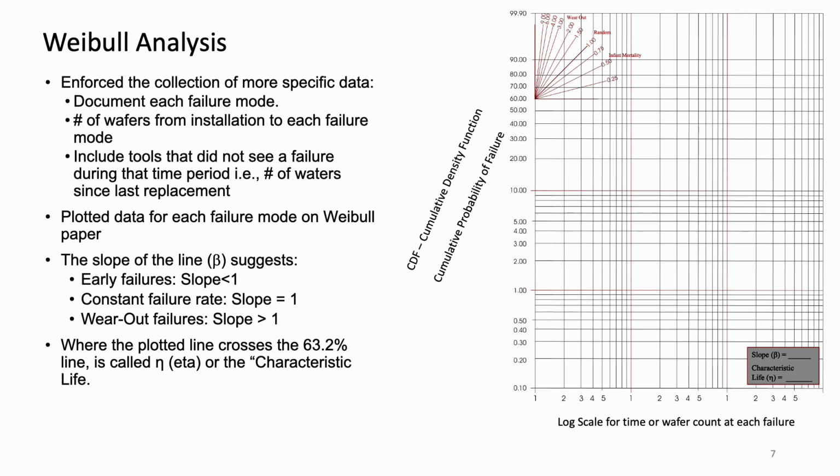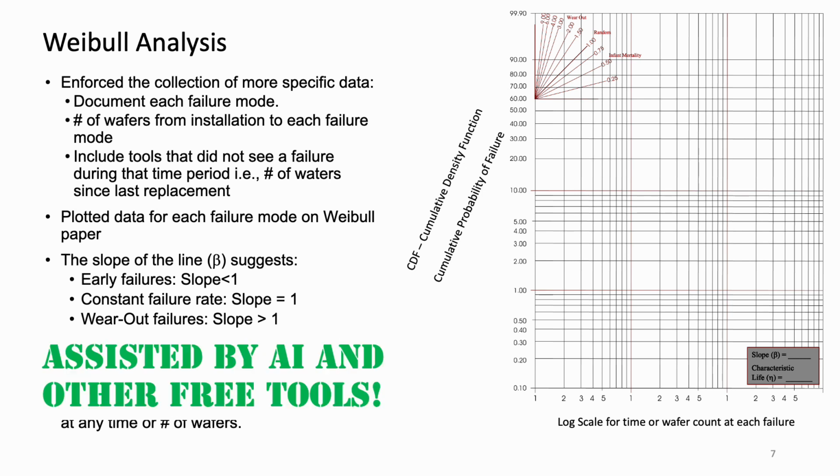A fun fact there as well is when you say that MWBF is 100 wafers, or there's 100 wafers between failures, that actually means that you're saying 63.2% of the time it'll fail before it ever gets to 100. And then you can read also the cumulative probability of failure at any time or number of wafers by looking at that y-axis again.